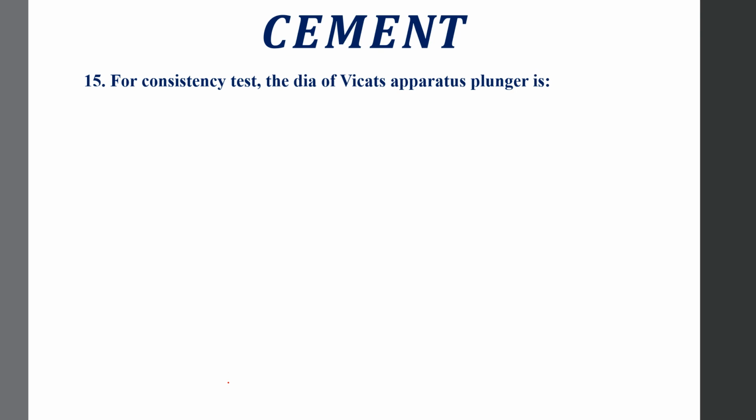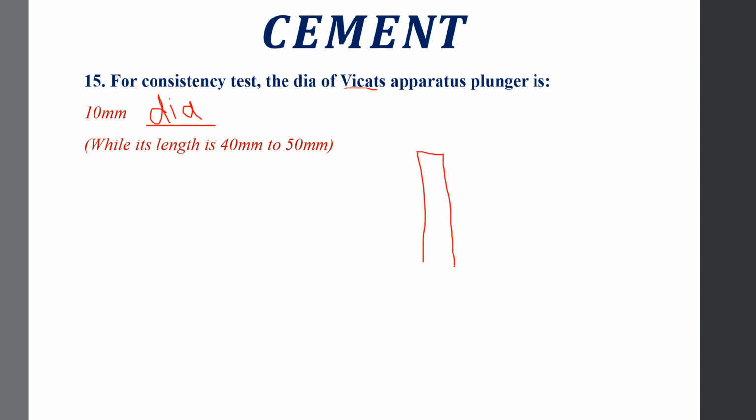For consistency test, Vicat apparatus is used. There is a plunger used in Vicat apparatus. The plunger has a diameter of 10 millimeters and its length is 40 to 50 millimeters. If this is the plunger used in Vicat apparatus, this is a circular plunger.